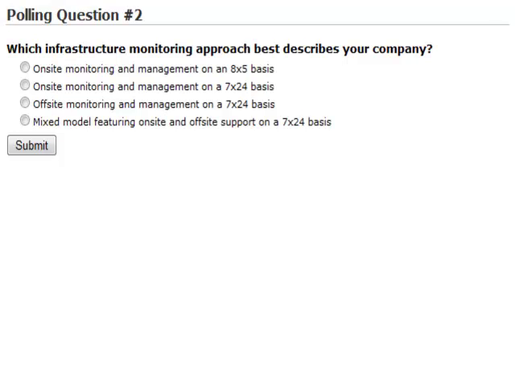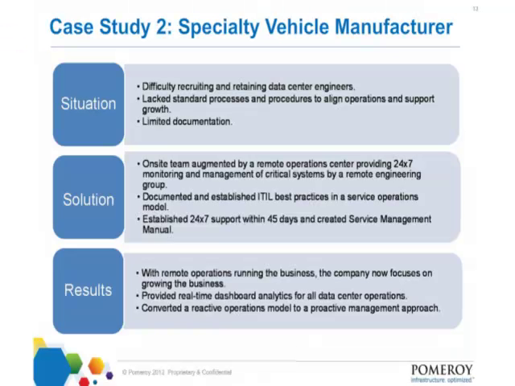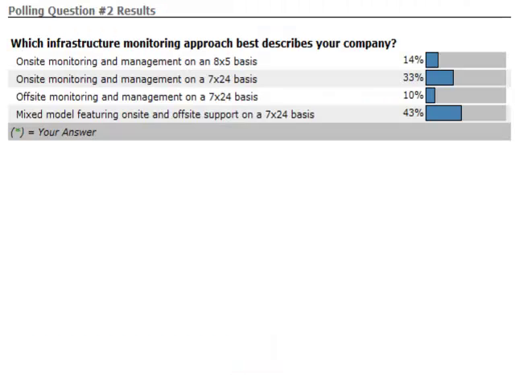Okay. Well, I'm going to go ahead and push these results out, and I think what we are finding is that it is generally a mixed bag of on-site and off-site support.